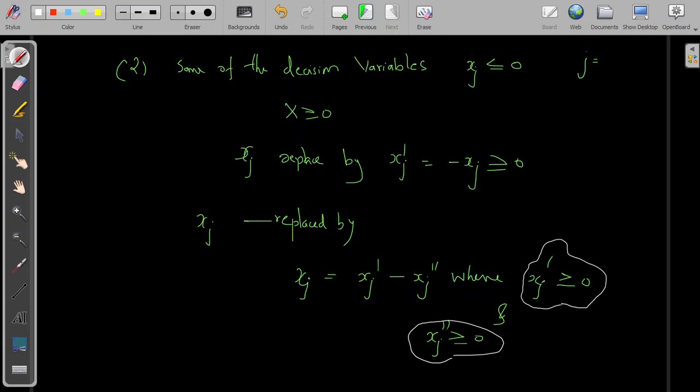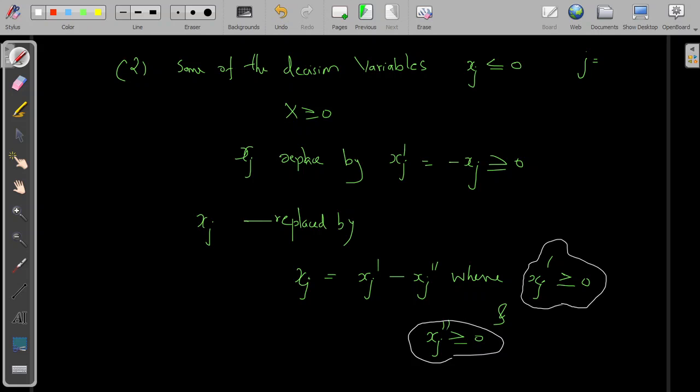Okay, so that standard form of LPP is obtained. So that's about the second case also. Now we have studied how to convert the problem if it is not in standard form of LPP.